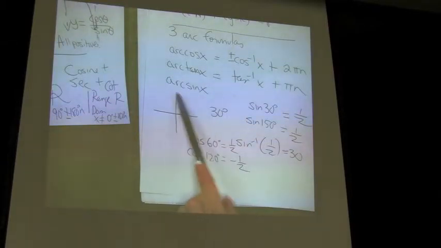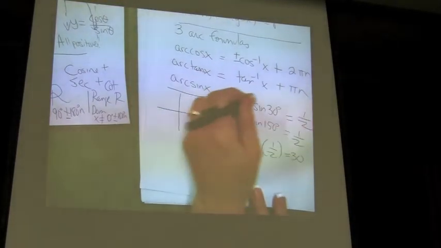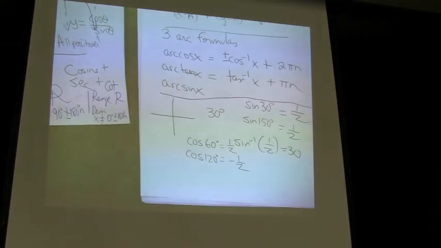And so that really does relate to why the arcsine formula is the most complicated one. It's the most complicated one because you have to figure out a way to go from quadrant 1 to quadrant 2. In geometry, what did you learn these 2 angles were? Supplementary. And these 2? Supplementary.